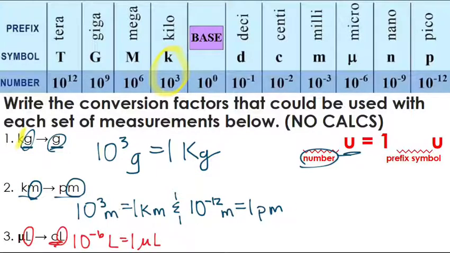And then it looks like I also have centi here. So 10 to the negative 2, nope, not centiliters yet, just plain old unit in 1 centi unit. So I just wanted to practice putting these equations together without any numbers being involved, any calculations, just finding those using the chart.